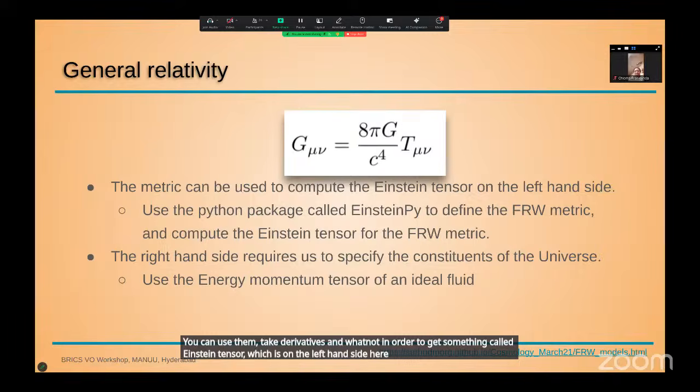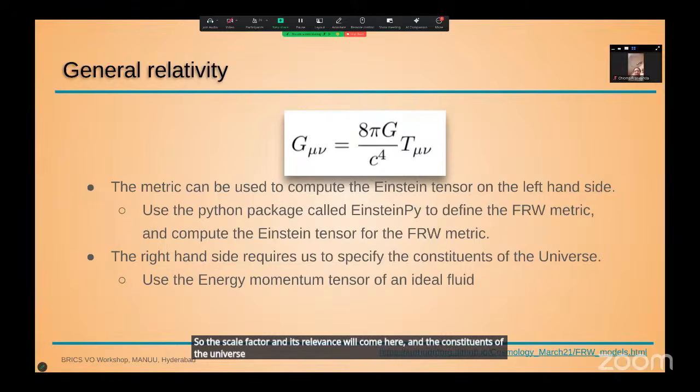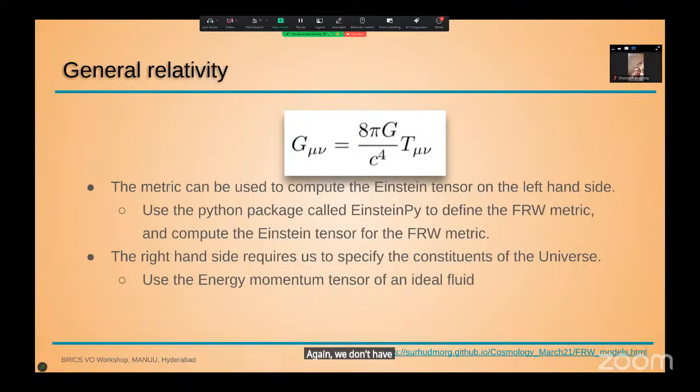And on the right hand side, it tells us what the components of the equation are. So the scale factor and its derivatives will come here, and the constituents of the universe go on the other side. So when you equate these two, you get differential equations which tell you how the scale factor changes as a function of time. Now again, we don't have time to go through these details, so I'll just give you what those equations look like.